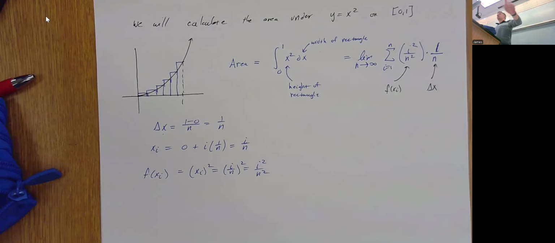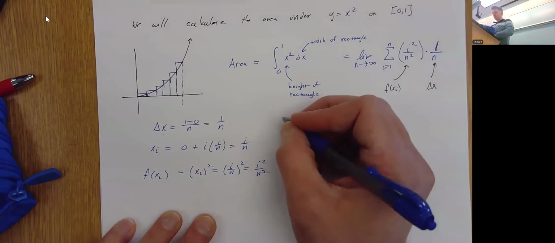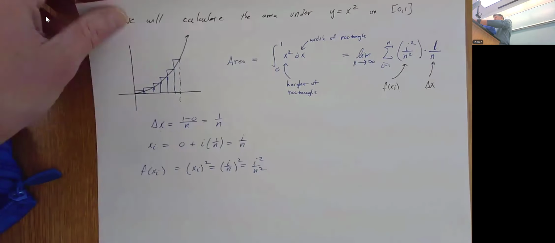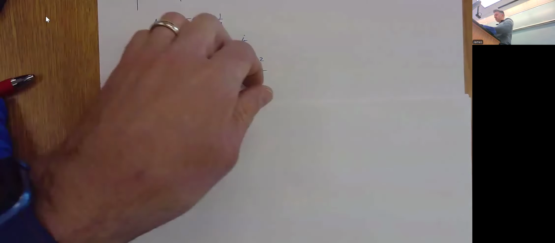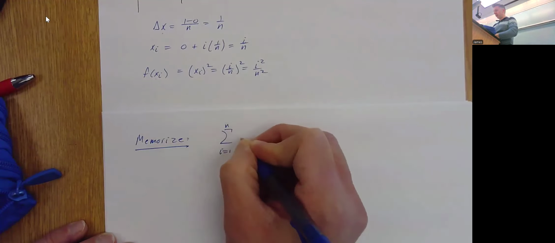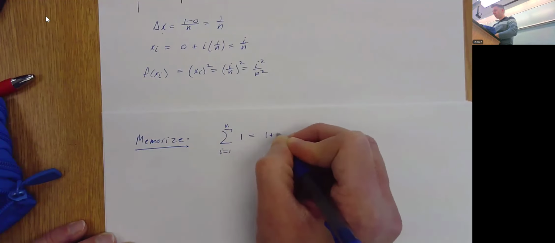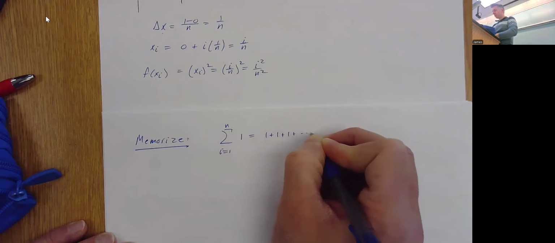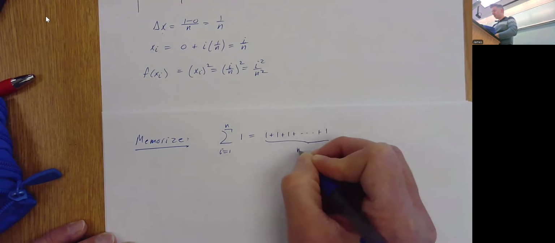So we're going to use some of those formulas that we talked about for summation notation on Tuesday. I'm going to move away from this page for a minute, but I'll come back to it. You definitely want to memorize these formulas, assuming that you have to actually do this. The sum from I equals 1 to n of 1 is just n.